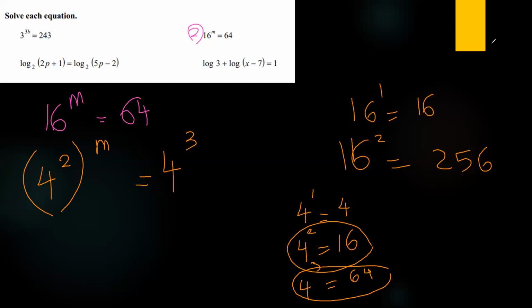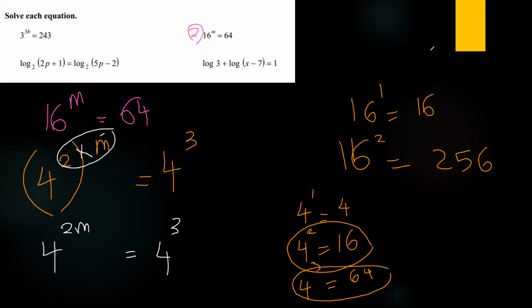So now I rewrite them with the same base. So I get 4 raised to the power 2m, because as you remember, what did you take in grade 8? If you have a power raised to another power, you have to multiply them. So 4 to the power 2m is 4 cubed.